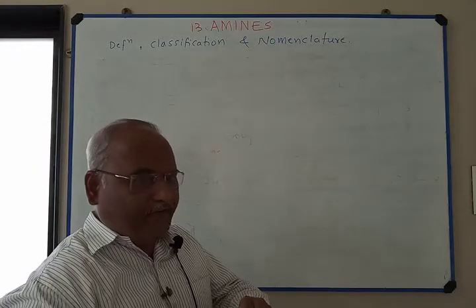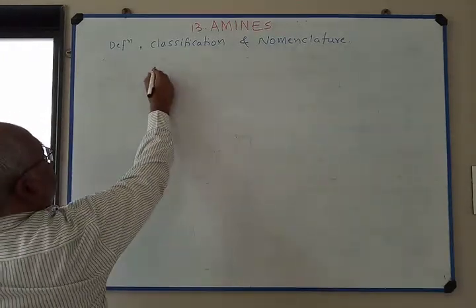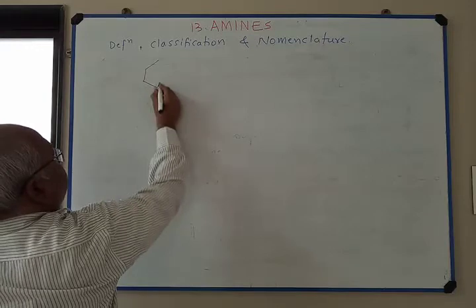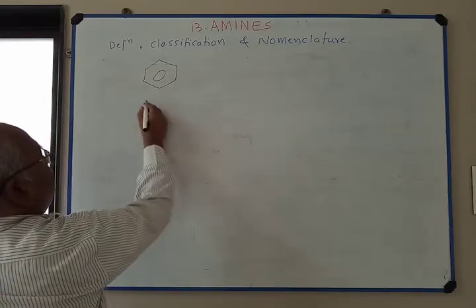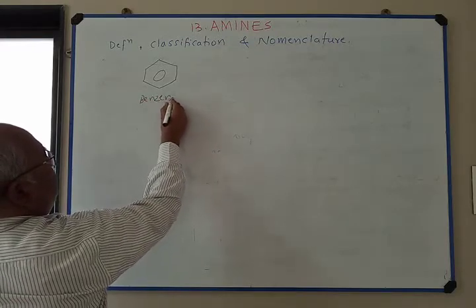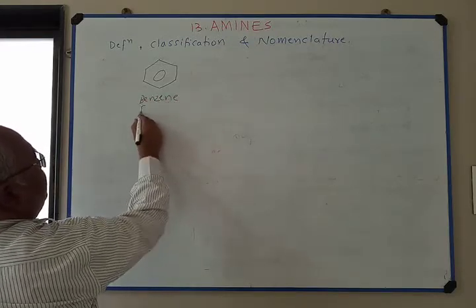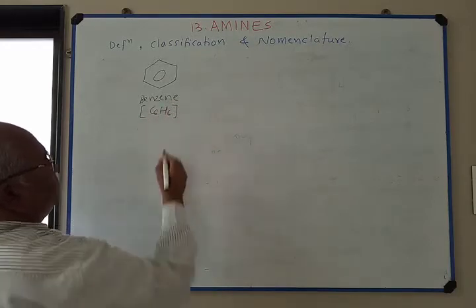So next example I am going to take. You know that this is benzene ring. This compound is benzene. Benzene has molecular formula C6H6.